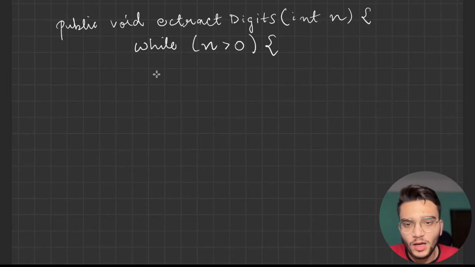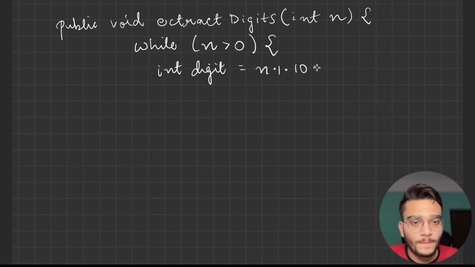we would say integer digit equals to n modulo 10, and then we would just print out this digit.